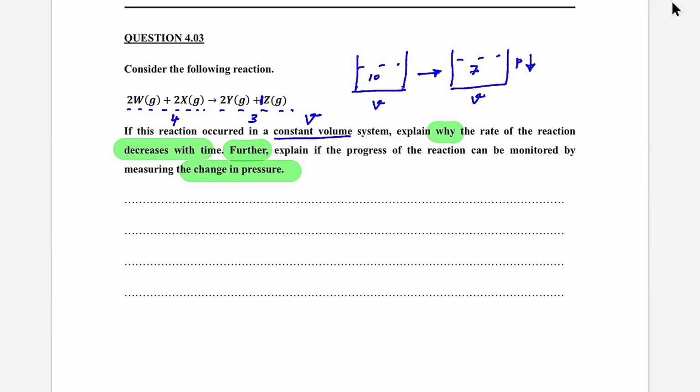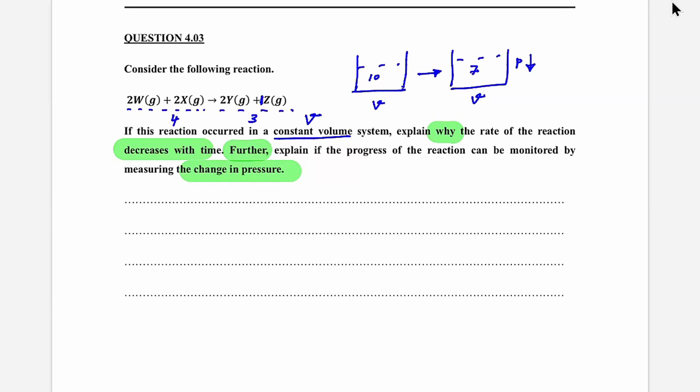So explain why the rate of reaction decreases. You have to say when volume is constant, the number of particles is going to be less on the product side. Hence the pressure decreases. So pressure decreases, reaction rate decreases. You understand?